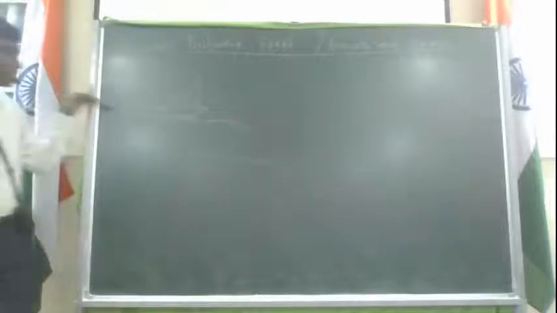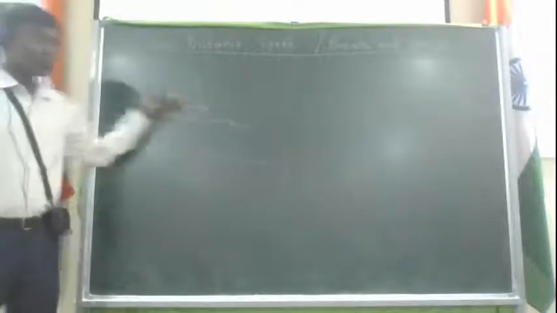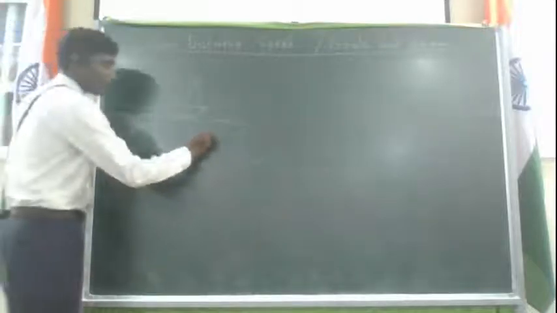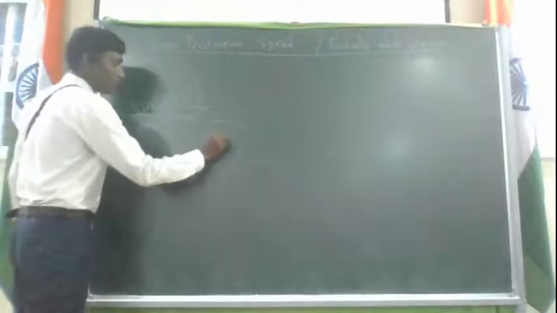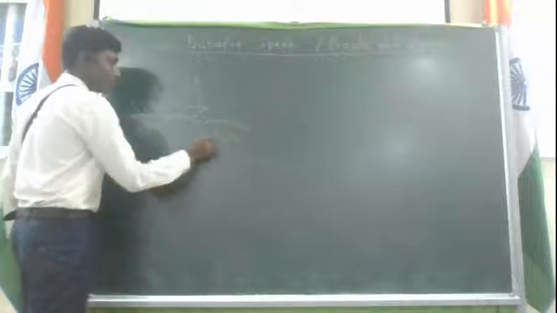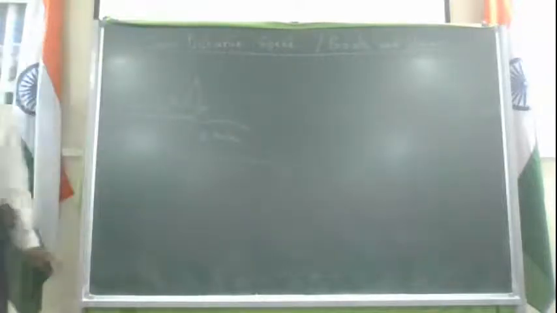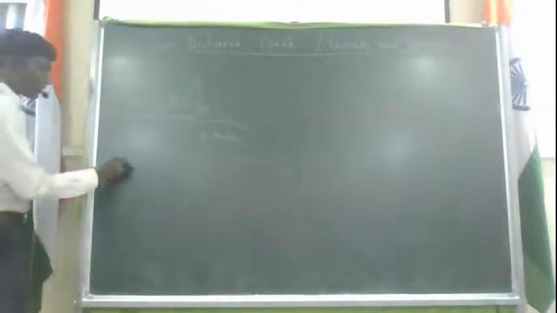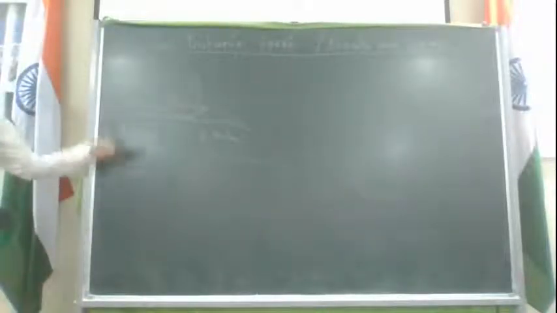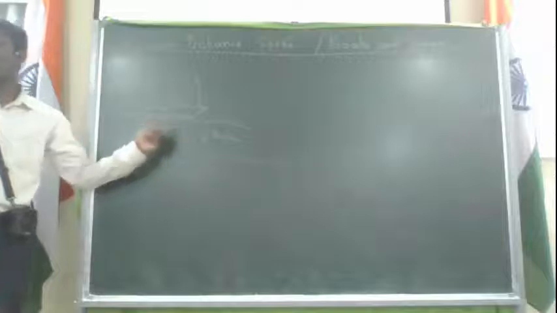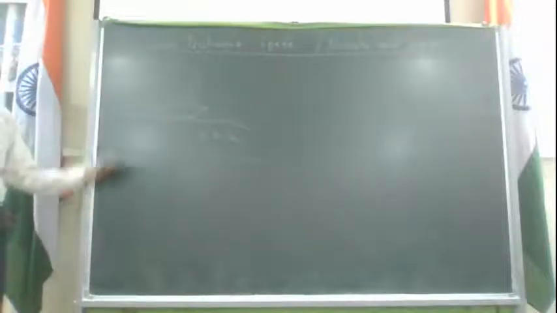Imagine the speed of the river is v kilometer per hour. In the question they may tell you the speed of the current. Current means the speed of the flowing river water. Speed of the current, speed of the river, that is v kilometer per hour.